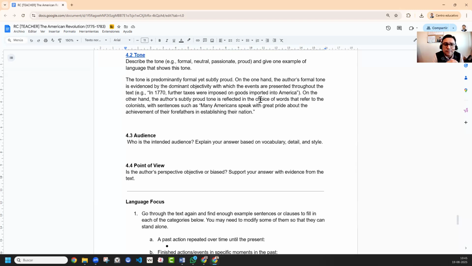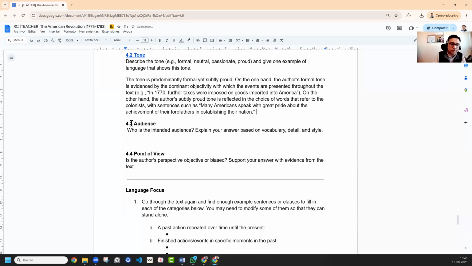In 1770, further taxes were imposed on goods imported to America. On the other hand, the author's sadly proud tone is reflected in the choice of words that refer to the colonists, with sentences such as many Americans speak with great pride about the achievement of their forefathers in establishing their nation. So that pretty much answers the whole question.